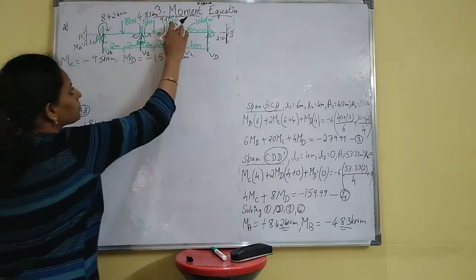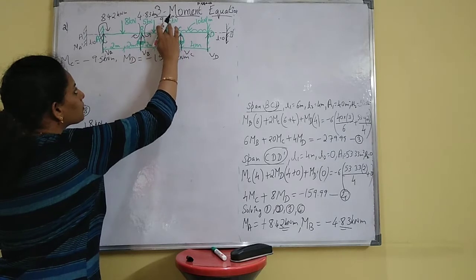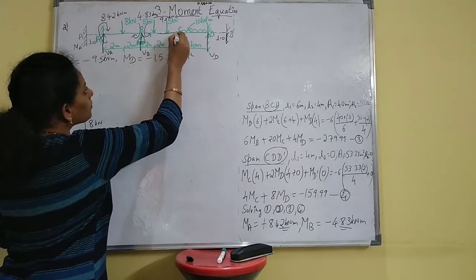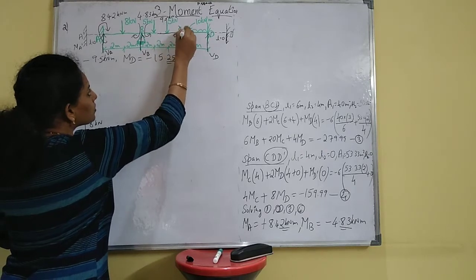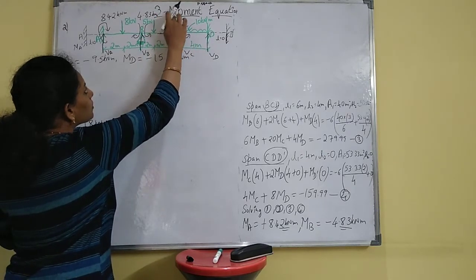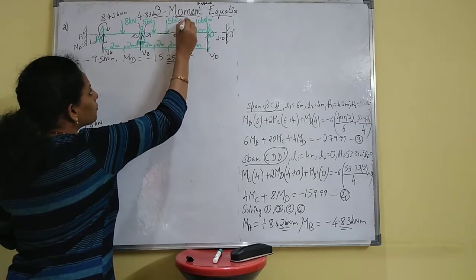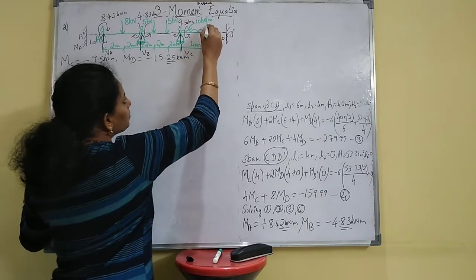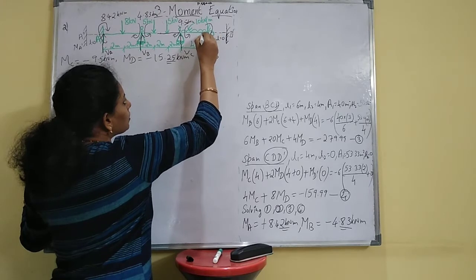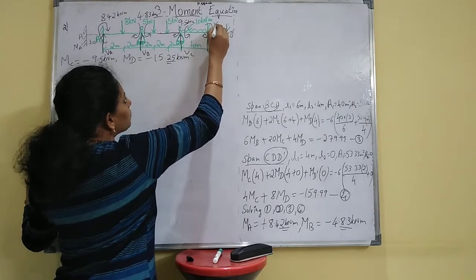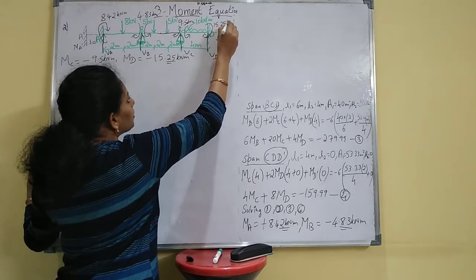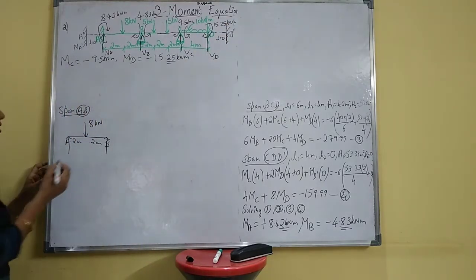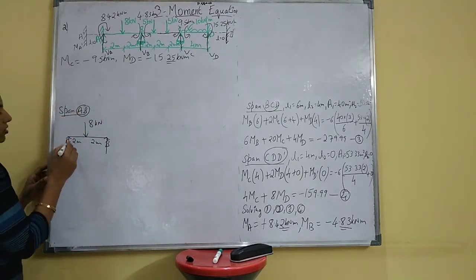MC, oh sorry, kilonewton meter. MD is again negative, like this, 15.25 kilonewton meter. Okay. Now consider that moment also.